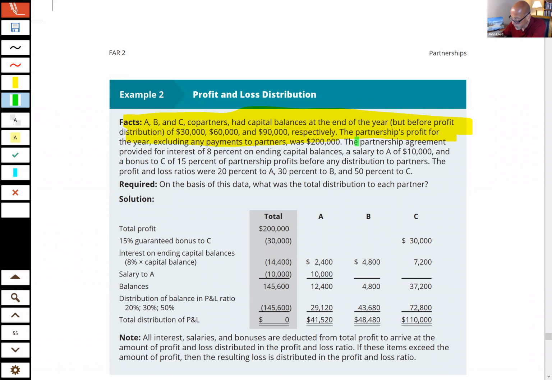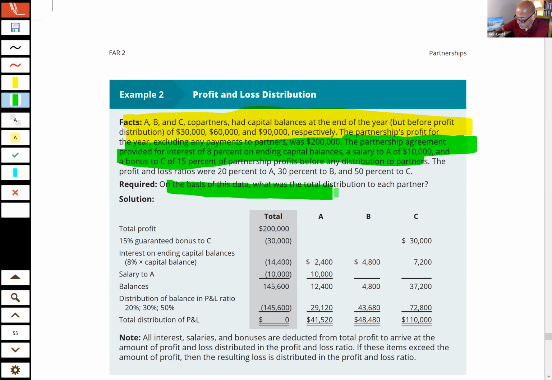The partnership agreement provides for interest of 8% on ending capital balances, a salary of 10 to A, and a bonus to C of 15% of partnership profits before any distribution to the partners. Set of directions. So they say the profit and loss ratios are 20 for A, 30 to B, and 50 to C. So what would be the distribution to each partner?